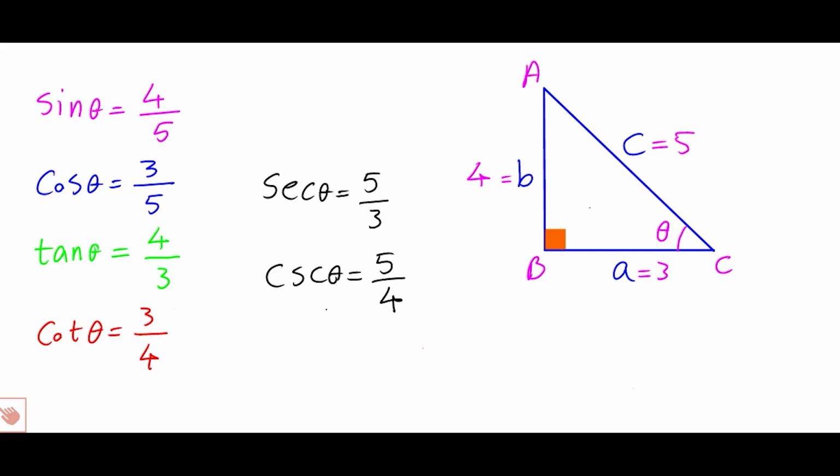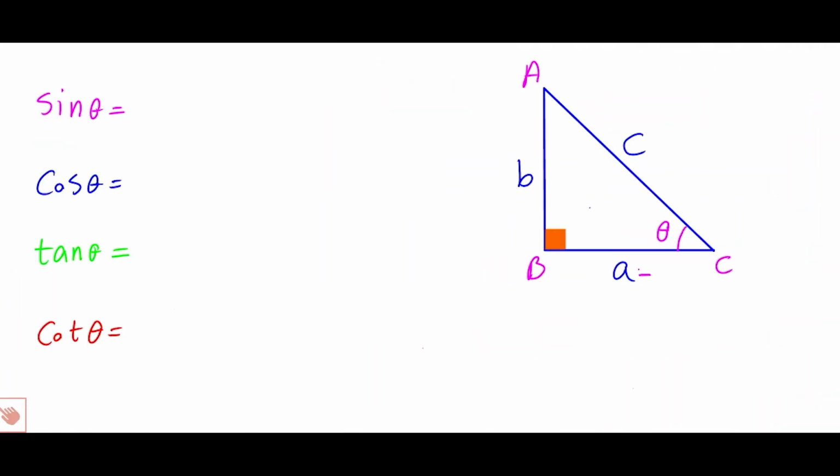Let me explain another example. For example, A is equal to 5 and B is equal to 12. According to the Pythagorean theorem, the hypotenuse is the square root of 12 squared plus 5 squared.